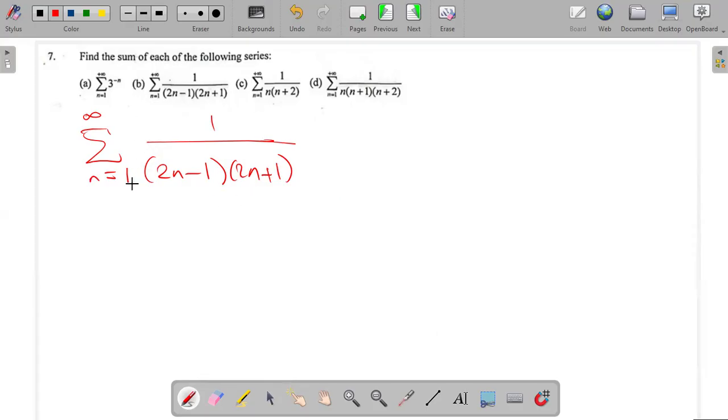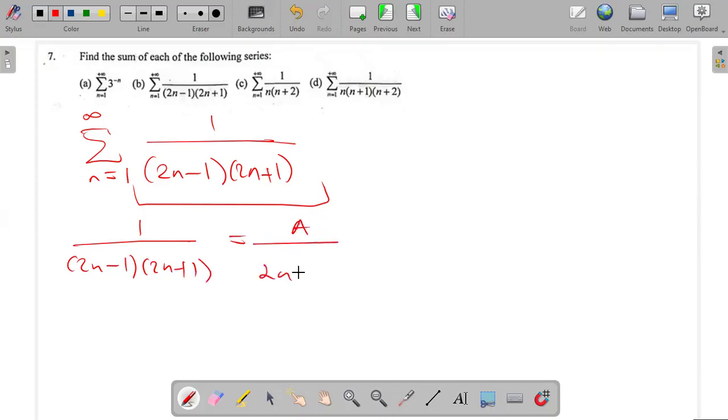So 1 over (2n minus 1)(2n plus 1) is going to be A over 2n minus 1, plus B over 2n plus 1.